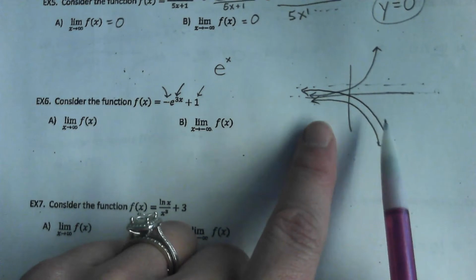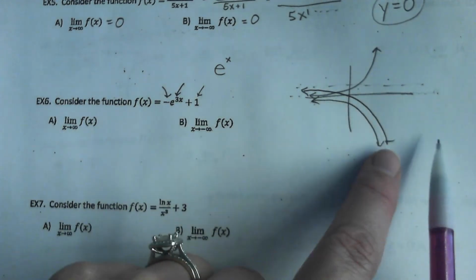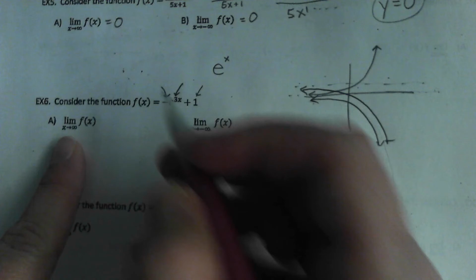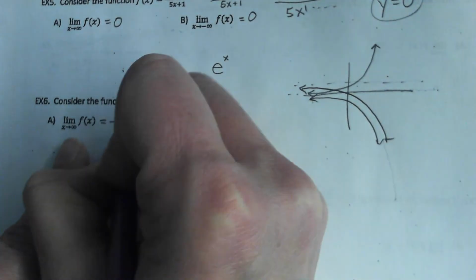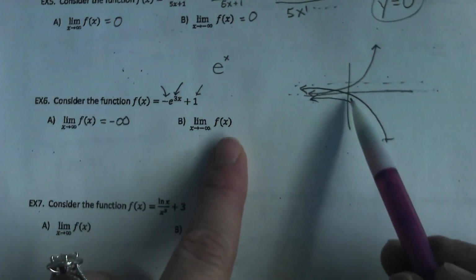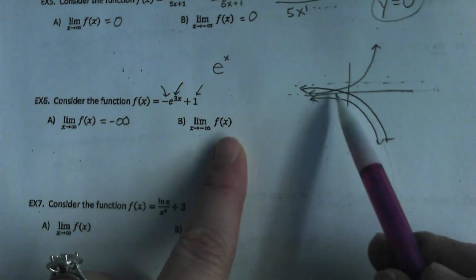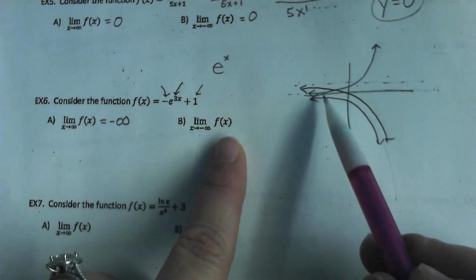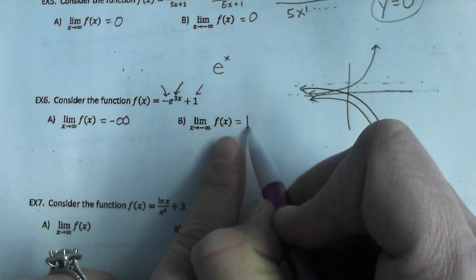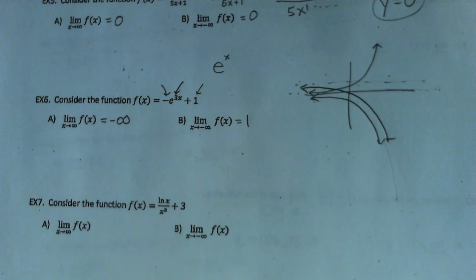So it doesn't affect the end behavior going towards the positive infinity direction, because as this function approaches infinity, your y values are approaching negative infinity. But as this function moves to the left now, because of that shift up 1, the y values are getting closer and closer to the horizontal asymptote of 1. Horizontal asymptote got moved up because of that shift up 1. Does that make sense?